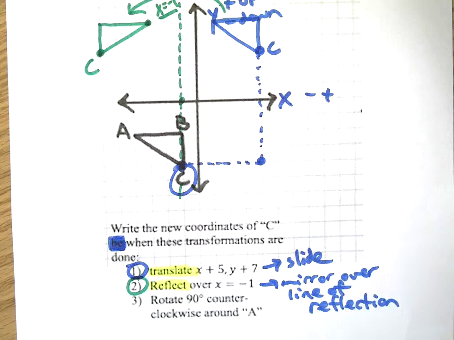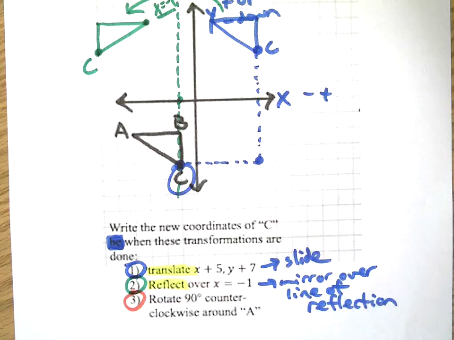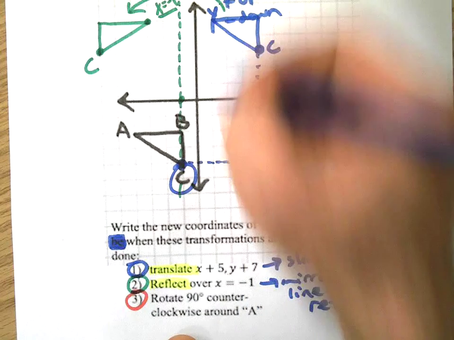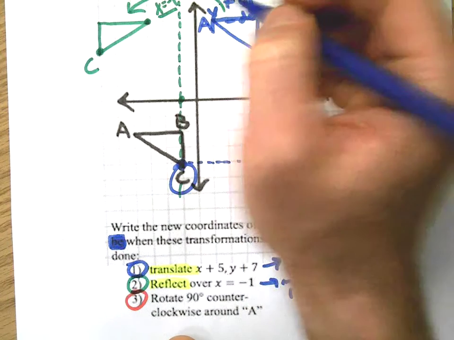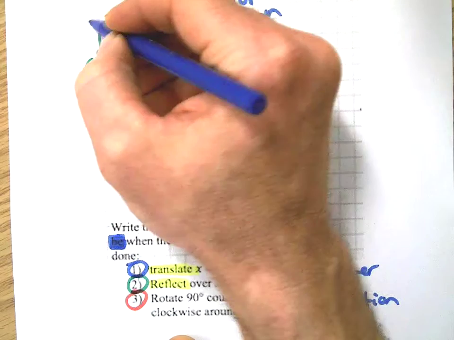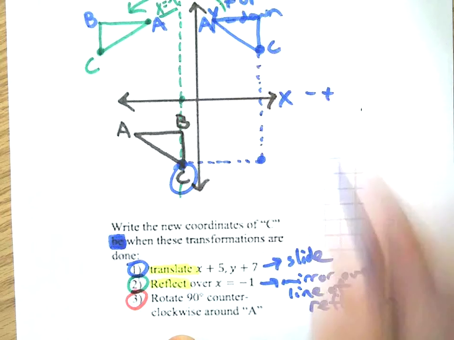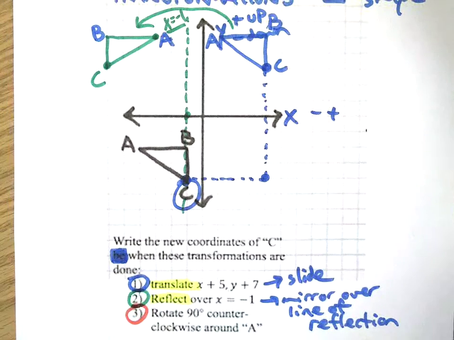And now let's go for the rotation. We're coming in hot for the rotation. We're going to rotate it around A. So let's backtrack a little bit and figure out where A is. Here was A. So here is A. There's B. Okay.